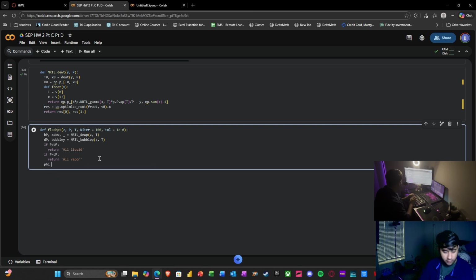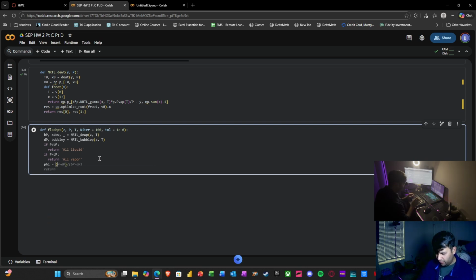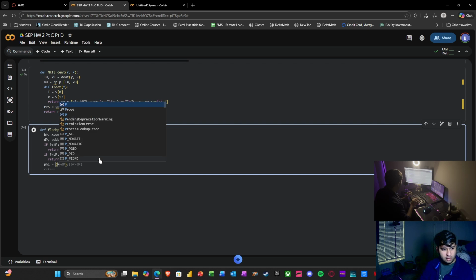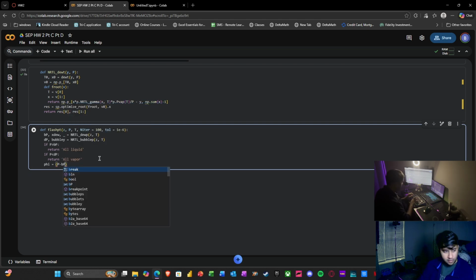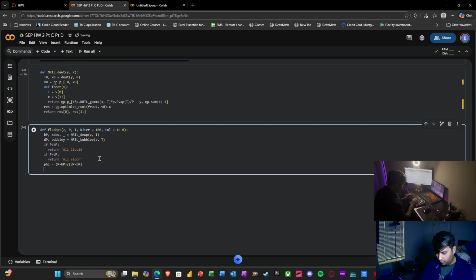Next, we're going to define our phi, which we did in, I believe, part B. This is going to be P minus BP divided by dP minus BP. Then we'll also define our x, which is phi times our x dew minus z, plus z.